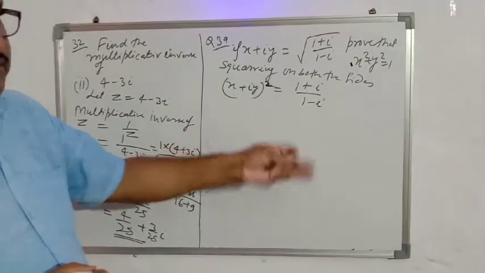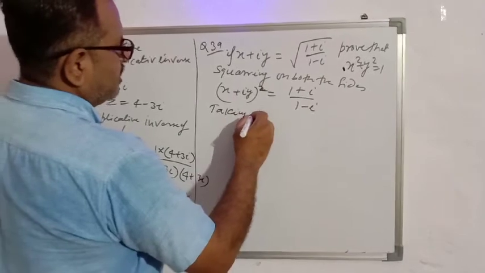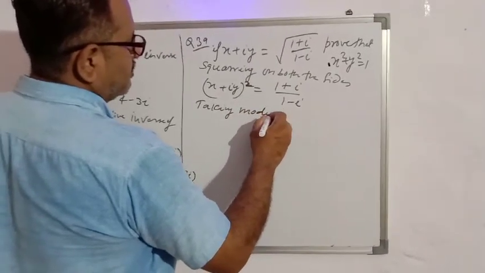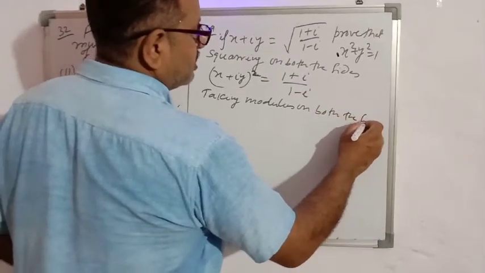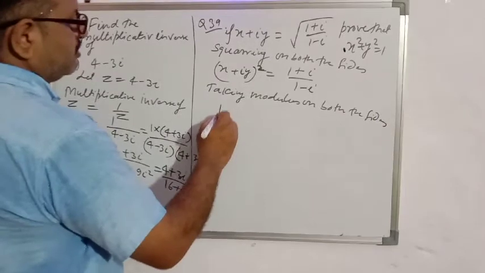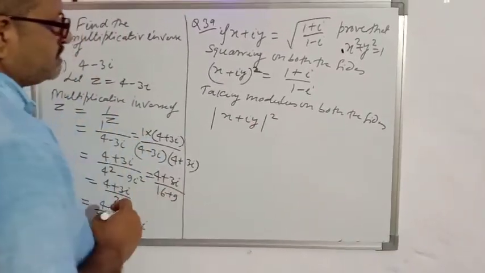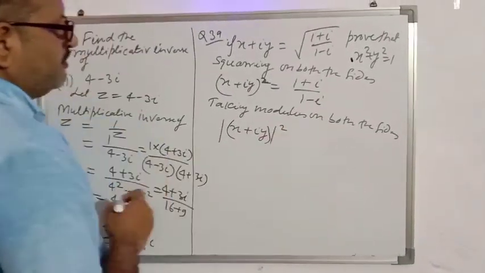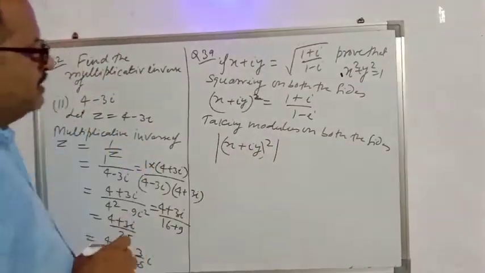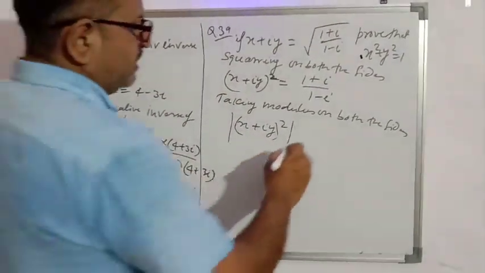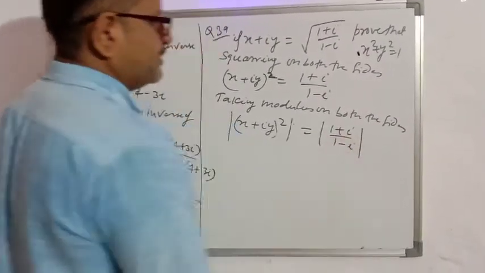Now take the modulus on both the sides. So it will be mod of x plus iy square is equal to mod of 1 plus i upon 1 minus i.